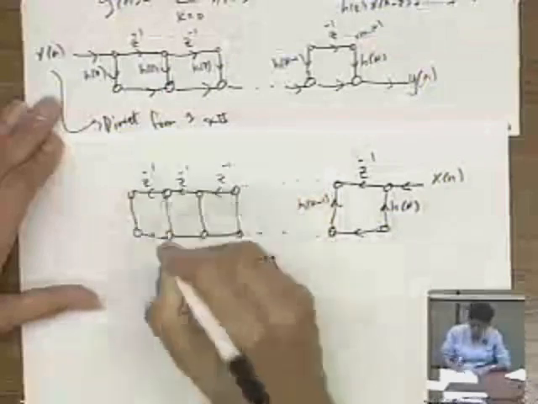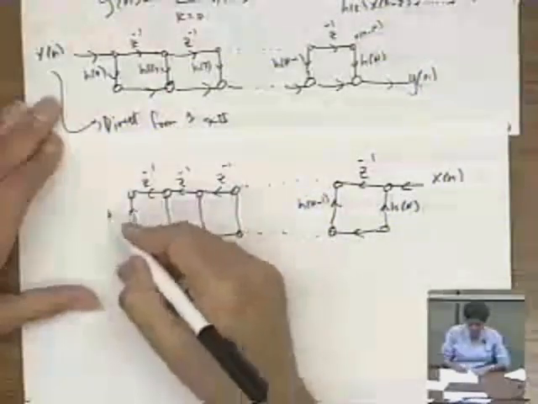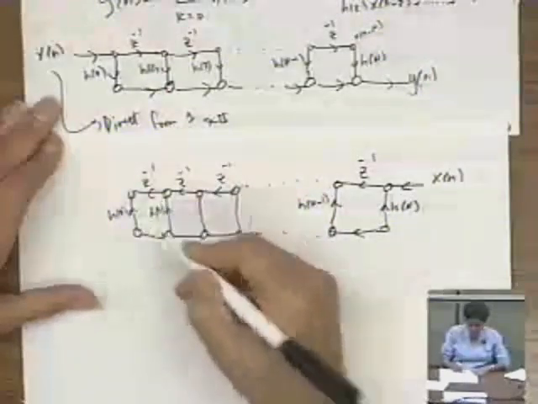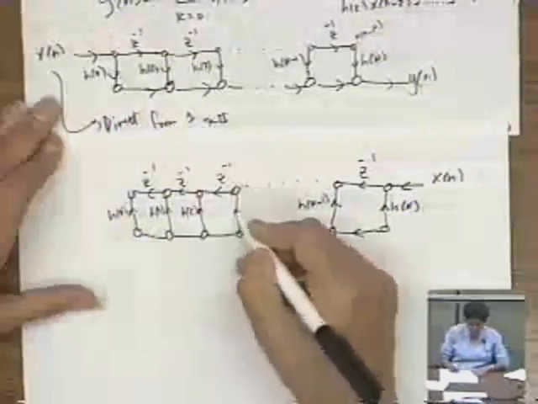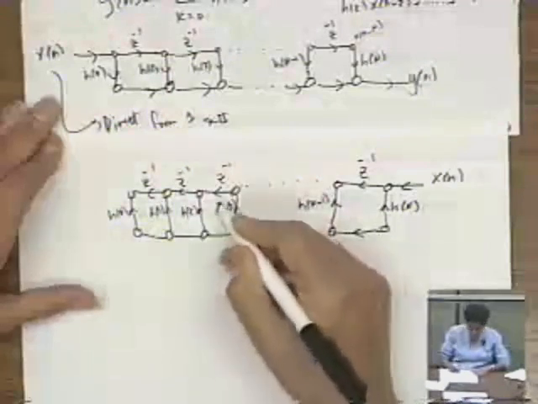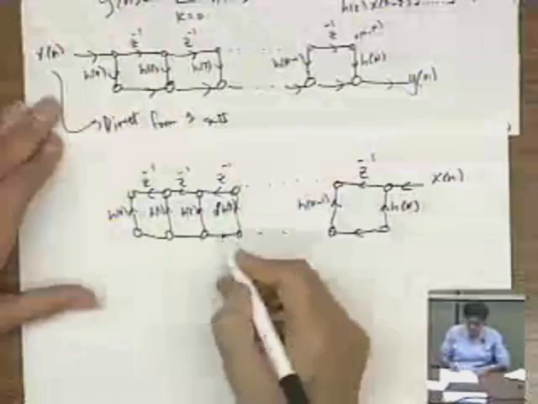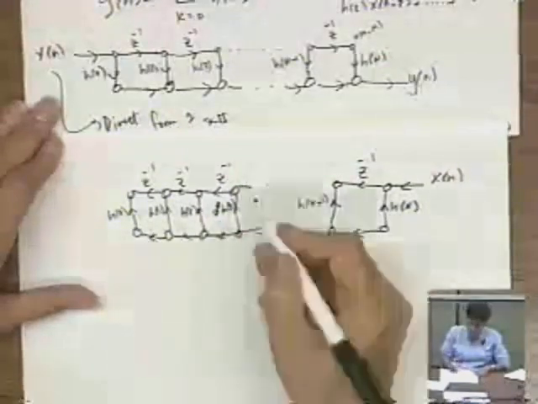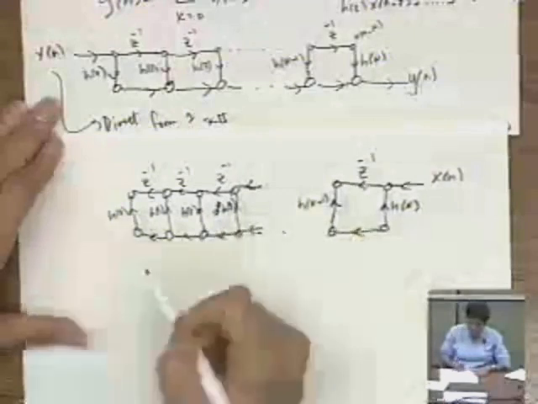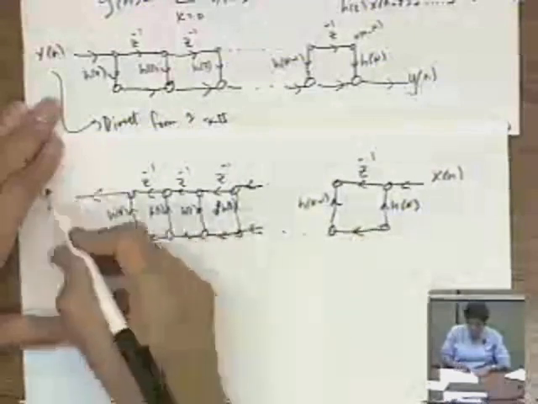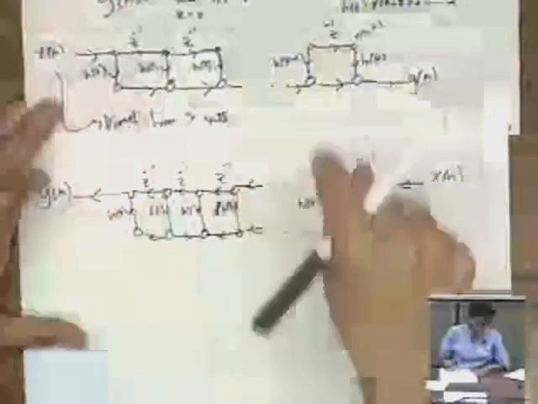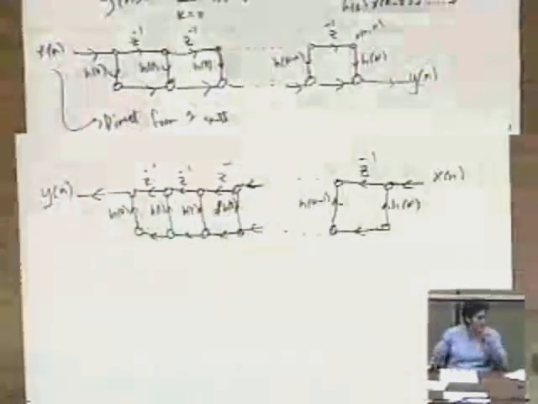Each one is the inverse. And the arrows going up will be h of 0, h of 1, h of 2, h of 3. Okay? And then the arrow going that way, and out comes y of n. So this is the transposed version of this, and that implements the same system.